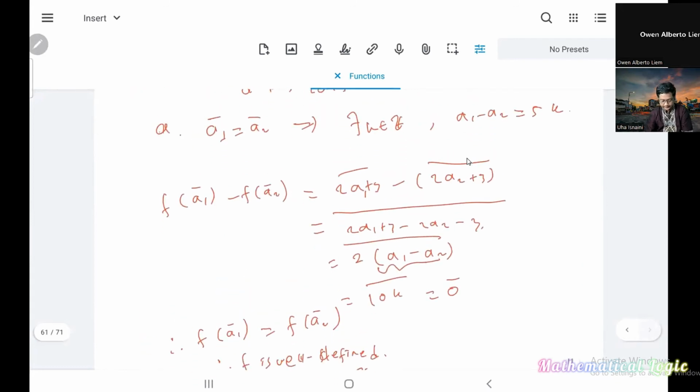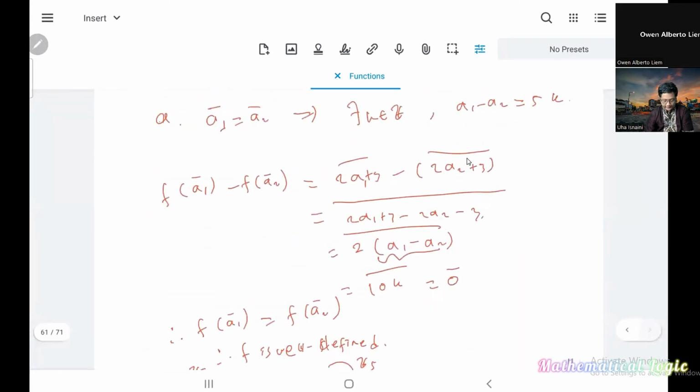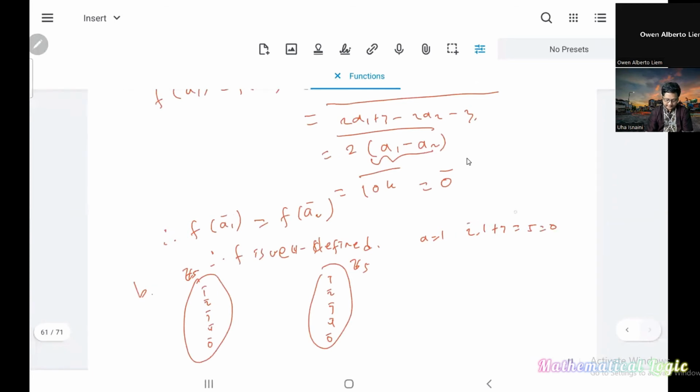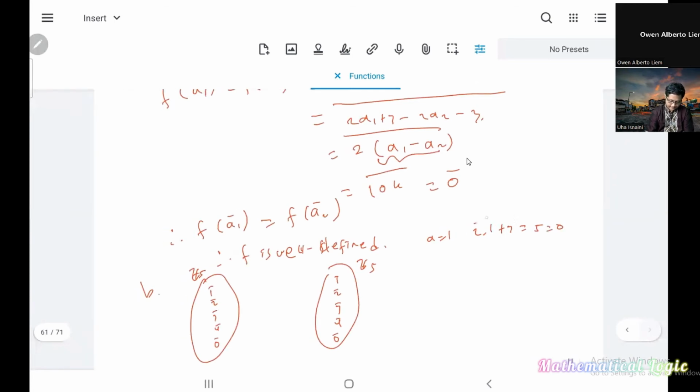And then what we do, 2a plus 3. So when a is equal to 1, 2 times 1 plus 3 is equal to 5. This one is 0, correct? So 1 goes to 0.